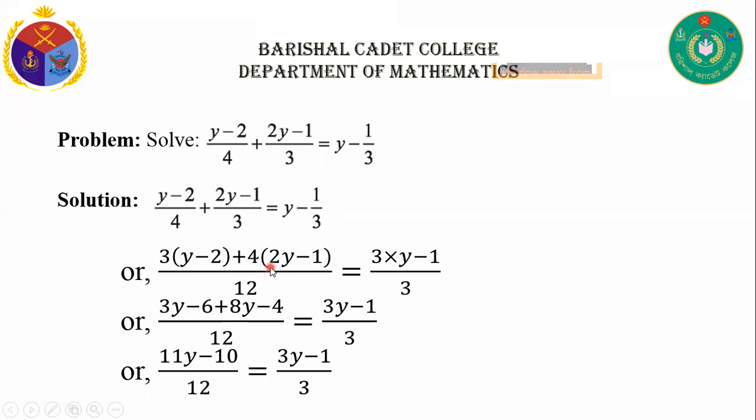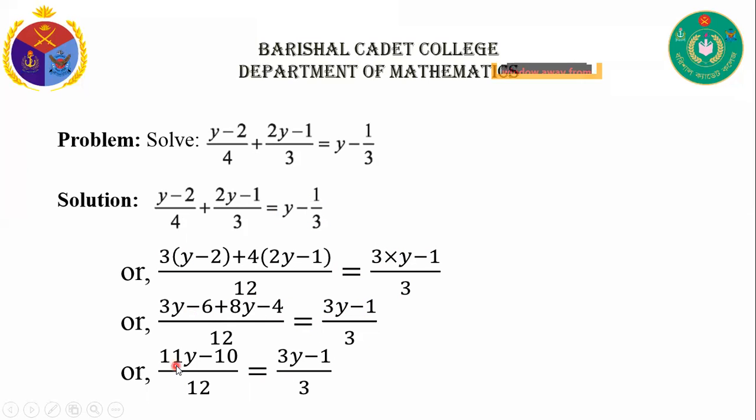The quotient of the first fraction is 3, and the quotient of the second fraction is 4, so that is 3 into y minus 2 plus 4 into 2y minus 1 equal to 3y minus 1 into 3. That is 3y minus 6 plus 8y minus 4 divided by 12 equal to 3y minus 1 by 3.